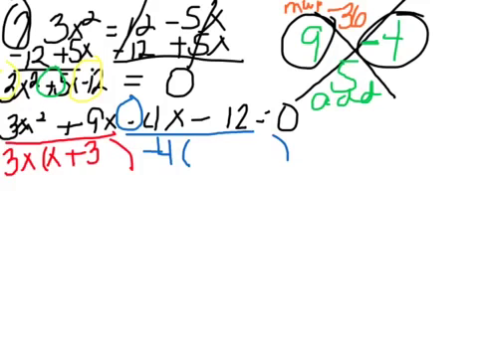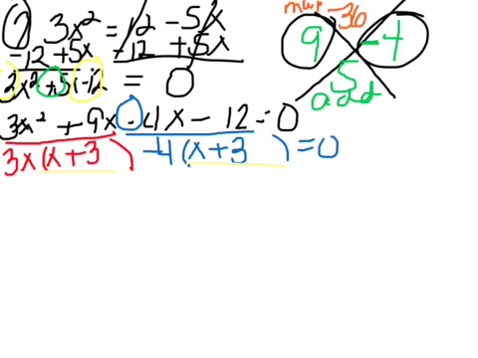I'm going to factor out a negative 4 because besides the negative sign, they also can both give me a 4. So if I take negative 4 out of negative 4x, I would have an x left. If I had a negative 12 and I divided a negative 4 out, a negative divided by a negative would be a positive 3.